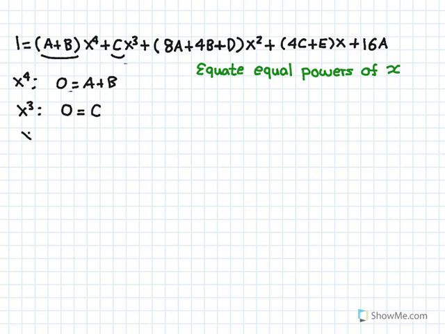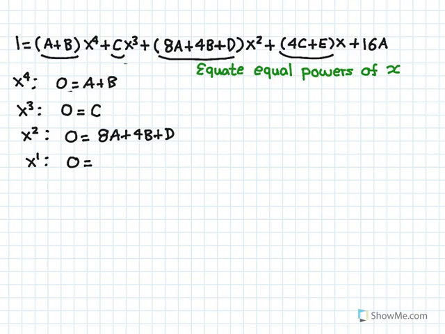On the left hand side, the coefficient of x squared is 0. On the right hand side, the coefficient of x squared is 8a plus 4b plus d. And power of x. On the left hand side, there's no x term, so the coefficient of x is 0 on the left hand side, and the coefficient of x on the right hand side is 4c plus e.